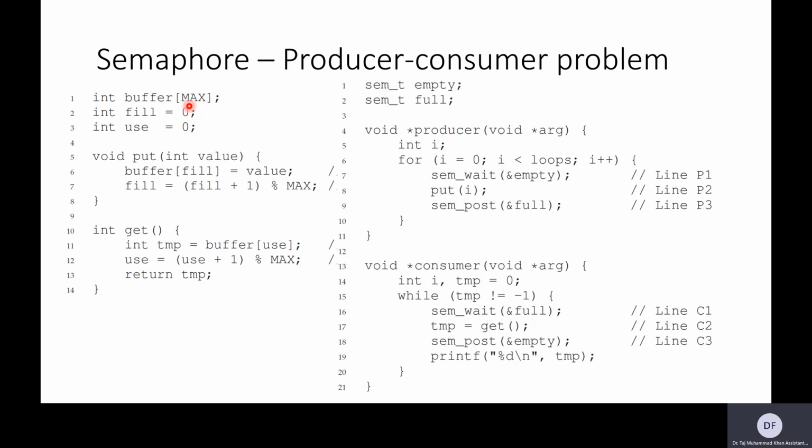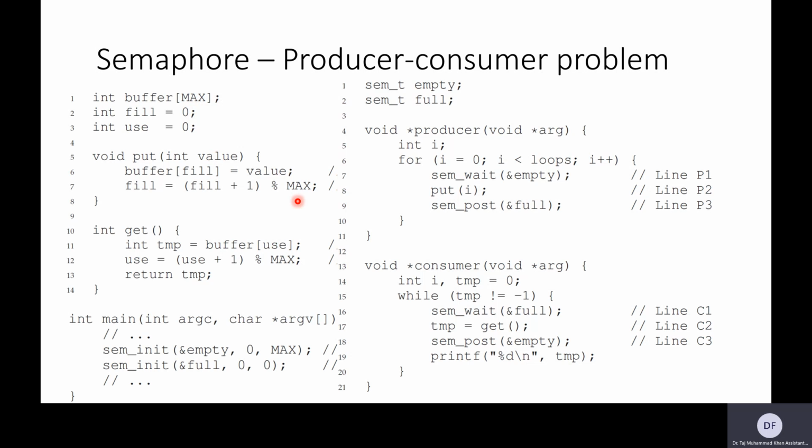Since there are max positions in the buffer, what we can do is initialize the empty condition variable to max. Imagine max is 10, which means there are 10 spaces in the buffer. So we can initialize empty to 10 so that the producer can call semwait 10 times on empty and it will not block.